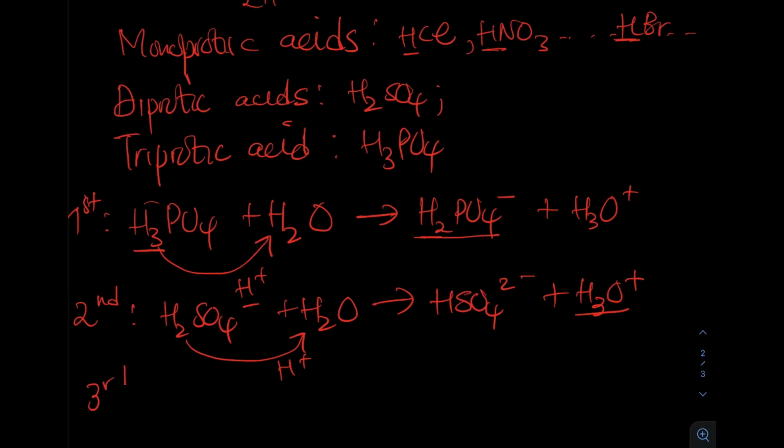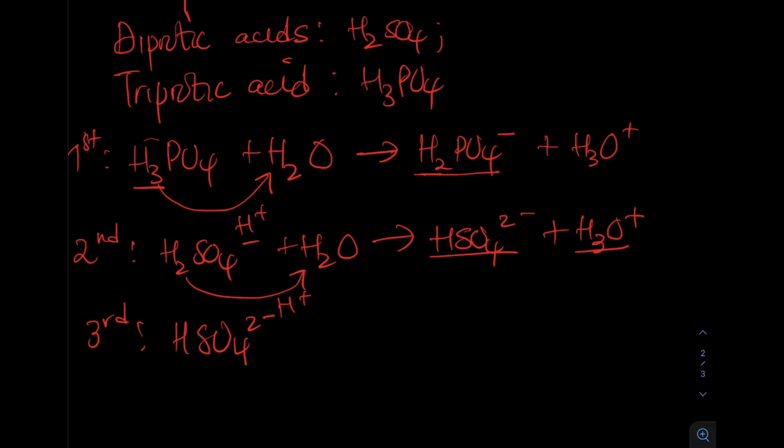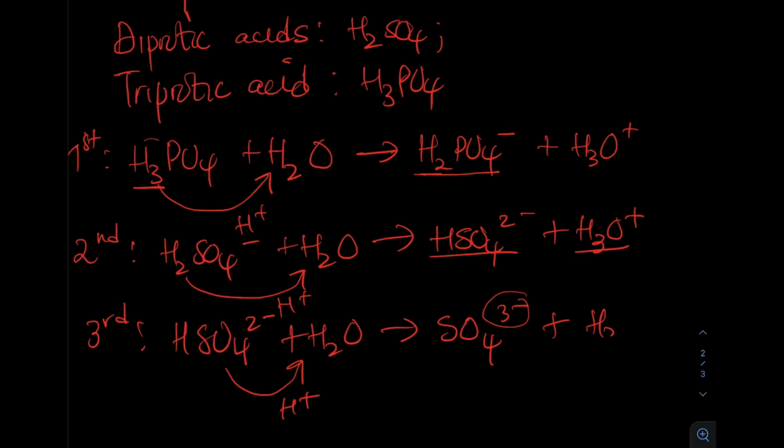Then the third ionization, you take that single proton that is remaining there, and you donate it as well in water. The proton is donated there, so it's going to be PO4 3 minus, because there are 3 protons that you donated already. So it's going to be H3O plus.